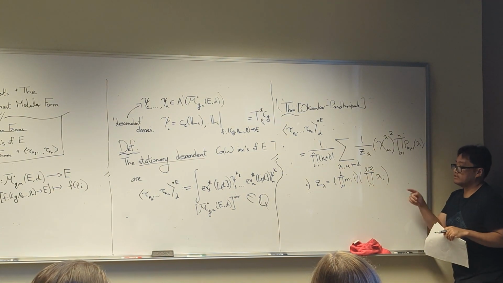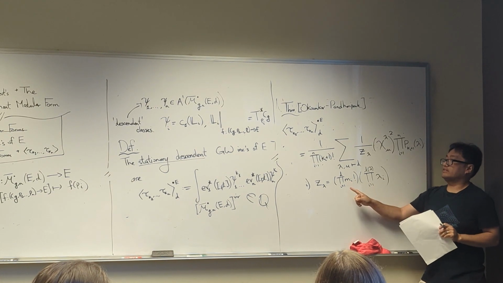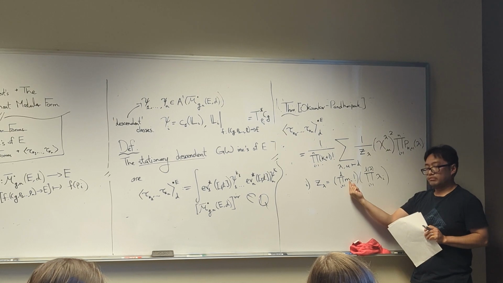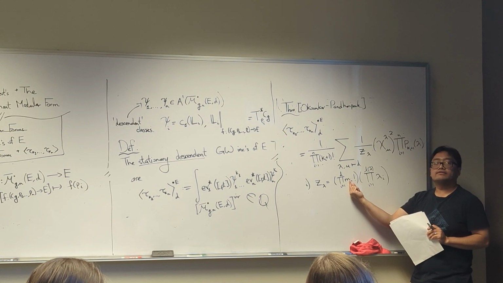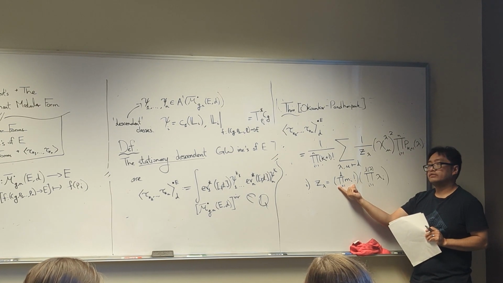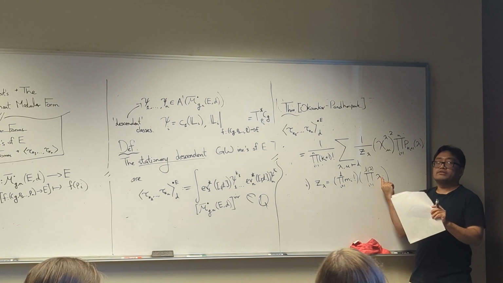Okay, so what is this? This is a sum over partitions of a number d, right? So m sub i is the multiplicity of i. It's the number of times i shows up in the partition. And then take a product of factorials. And then this is just the parts of the partition.